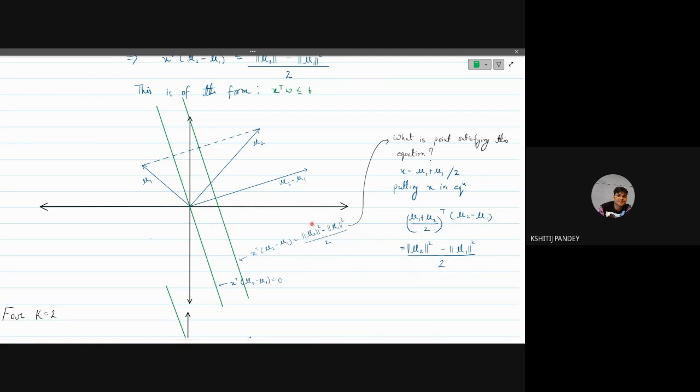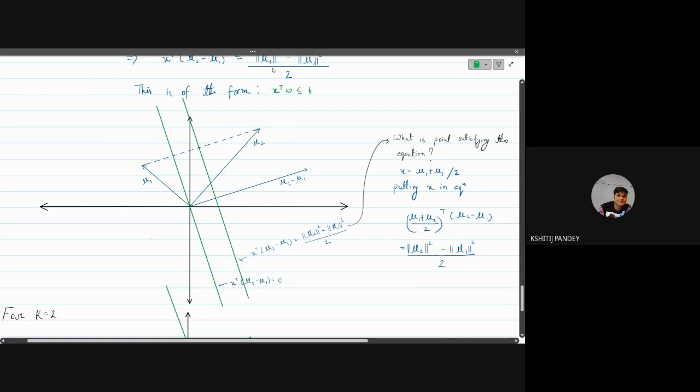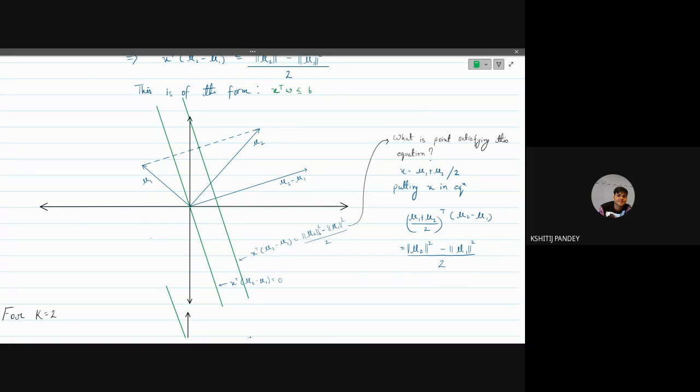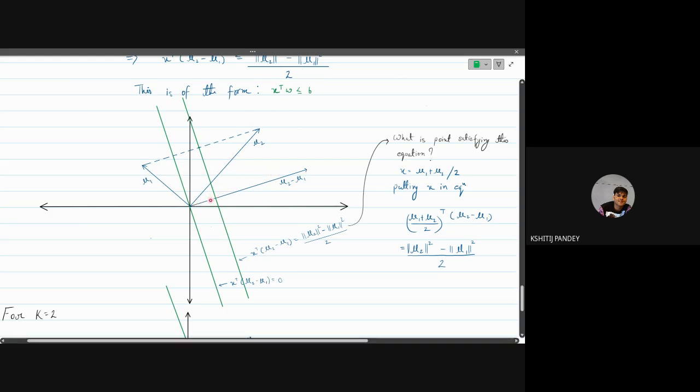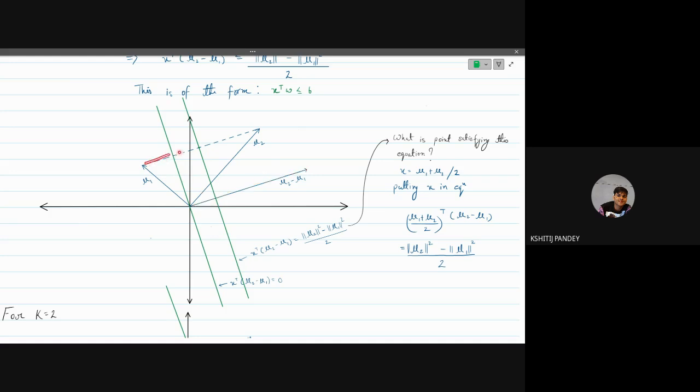We will get this value. So this means that this quantity, norm of mu2 minus mu1 by 2, lies on the line. This will lie on the vector which represents the difference between mu1 and mu2, not this vector, the one which is parallelly shifted, this one.